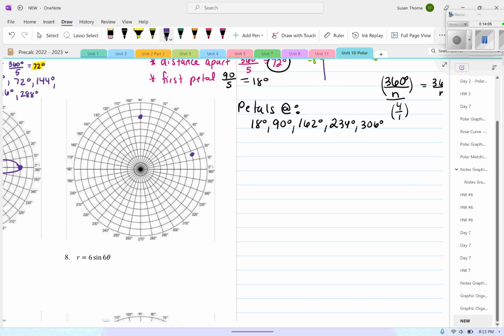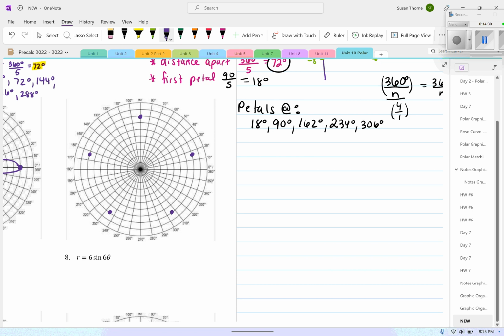Then 162 out a distance of 8. And then 234 out a distance of 8 from the pole. And then 306. And again, it should look like they're equidistant apart.